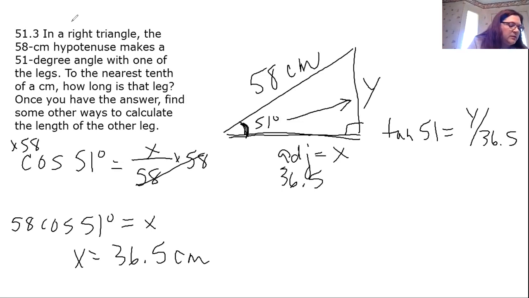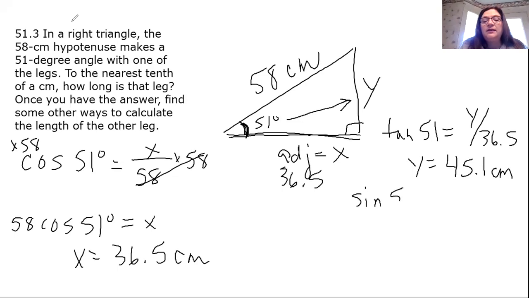Tangent of 51 times 36.5. I got 45.1, if I round it correctly, 45.1 centimeters. Well, I also know the hypotenuse. So what's opposite over hypotenuse? That's sine.